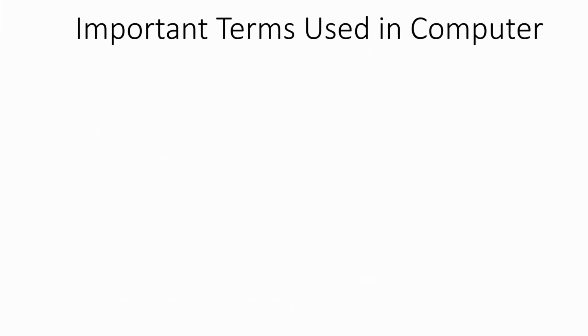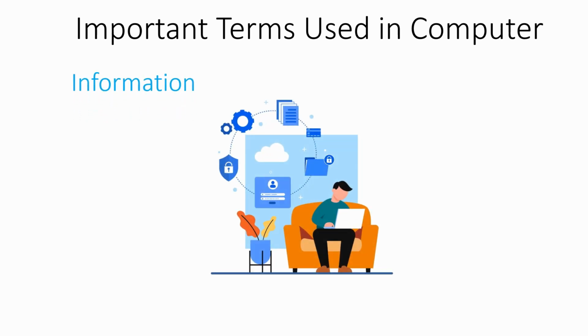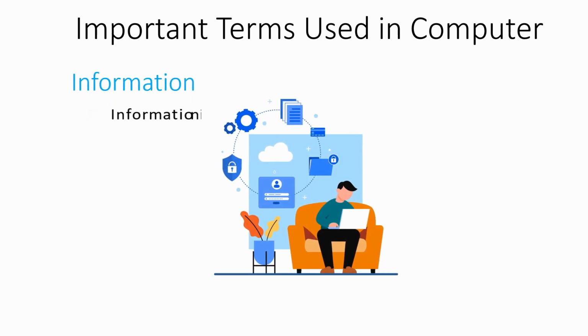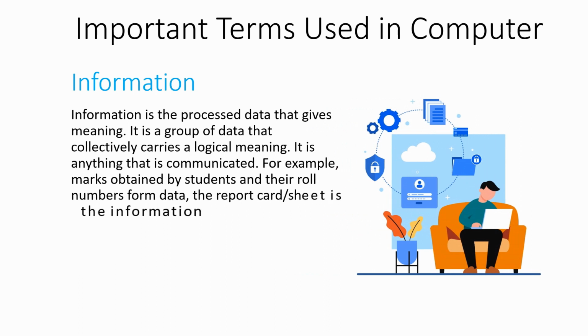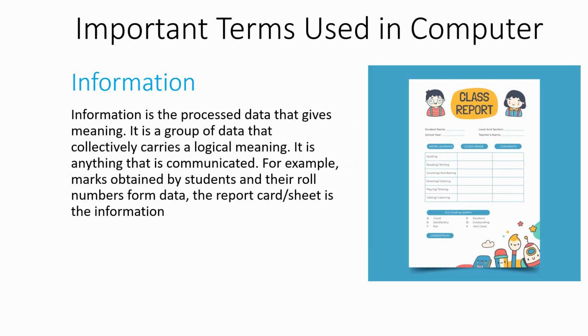And the next important term used in the computer is the information. Information is the processed form of data that gives us meaning. It is a group of data that collectively carries a logical meaning, and it can be anything that is understood and that can be communicated with each other. For example, the marks obtained by the student and their roll number is the form of data.